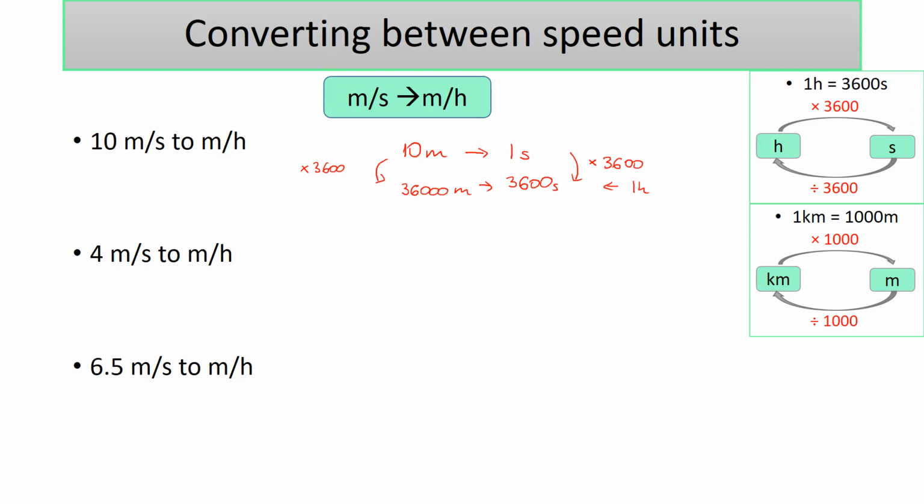36,000 meters in 3,600 seconds. So remember I multiplied by 3,600 because that is equivalent to 1 hour and I want to convert the units to meters per hour.